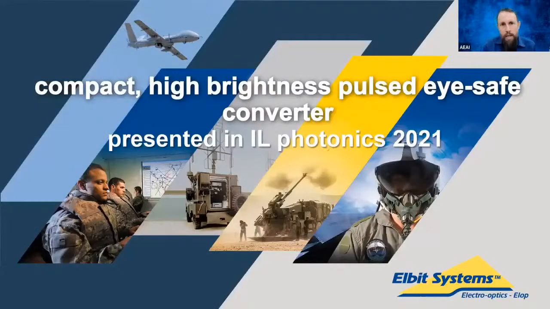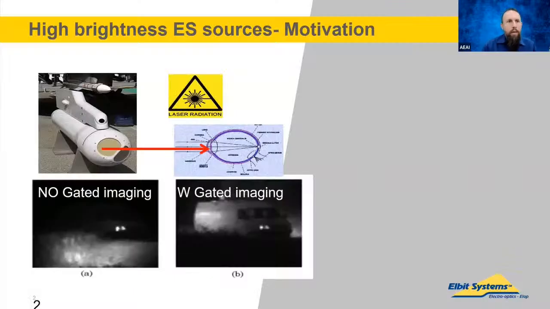Hello. Today, I would like to speak with you about something which we have currently achieved in Elbit. It is a compact high brightness pulsed eye-safe converter. To start with, we should talk about the motivation of such a product.